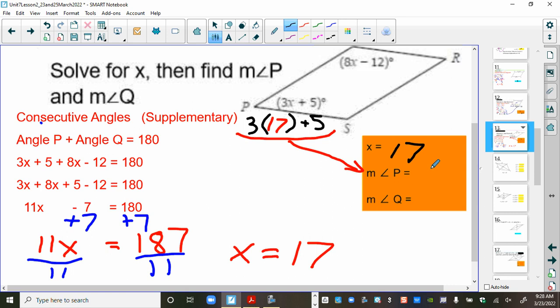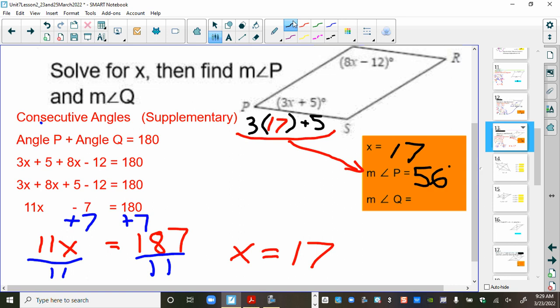What's that final total? How many degrees? You all should know this by now. In fact, you could type this expression into the calculator: 3 times 17 plus 5. There you go. Wasn't that bad, right, Eric? He said it wasn't bad at all.